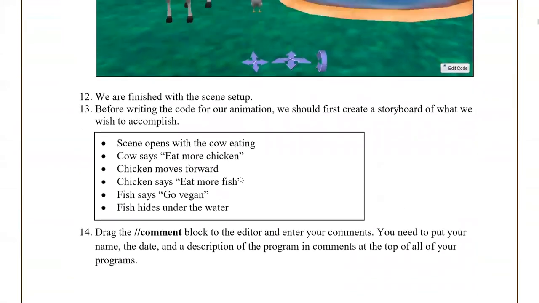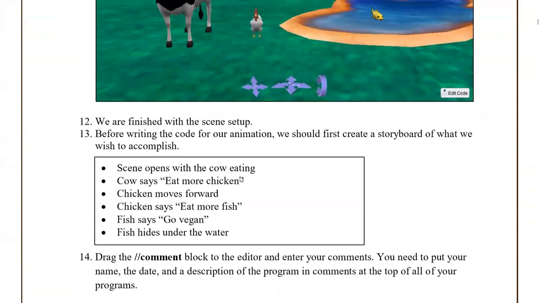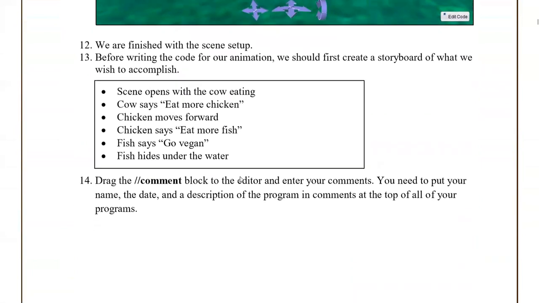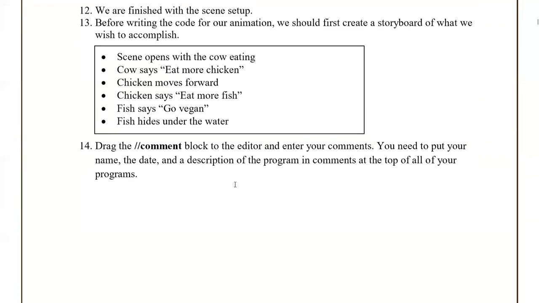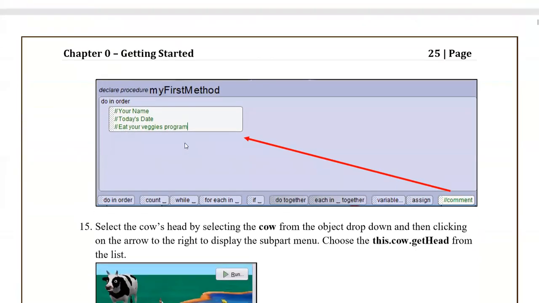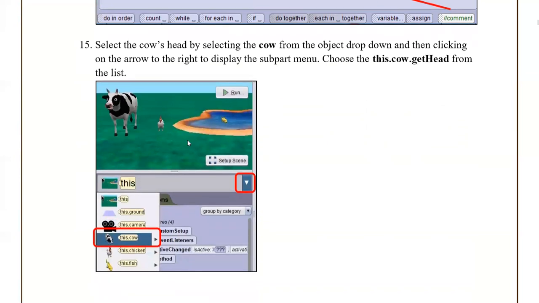Then we leave the scene editor, and we're going to go over to the code editor, and we have a little storyboard as to what we're going to do here. First of all, we're going to put some comments in. Comments are really important. They typically will have your name, the date, and the purpose of your program. And then we start coding.